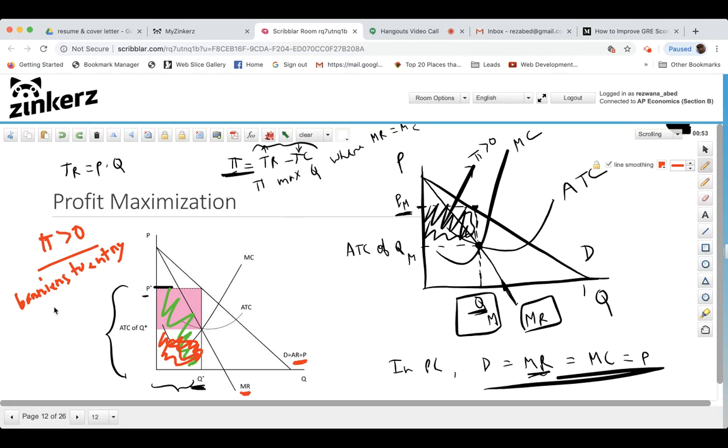It was very easy for people to come in and take away some of those profits. But it is never going to be that case with monopoly, because there are significant barriers to entry. So it is very likely that they're going to be able to keep this economic profit, not only in the short run but also in the long run. People just cannot come in anytime they want and get some of the market share that this monopoly has. It's impossible.